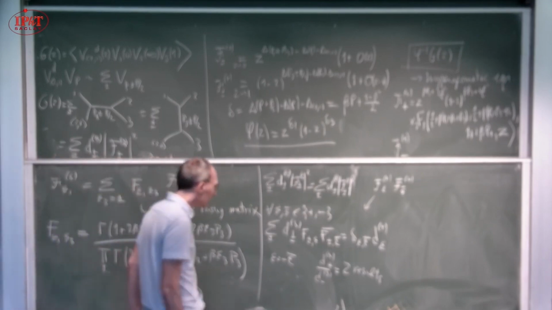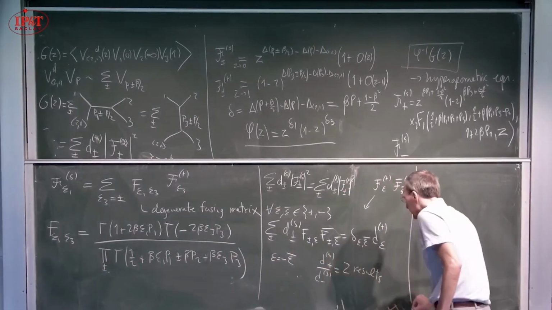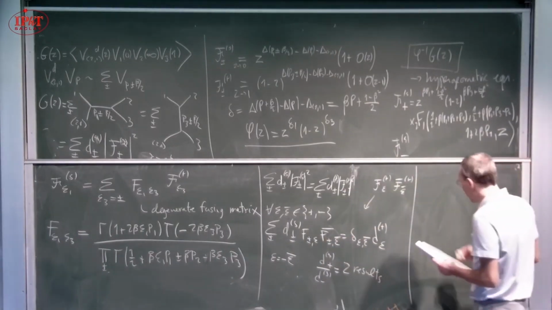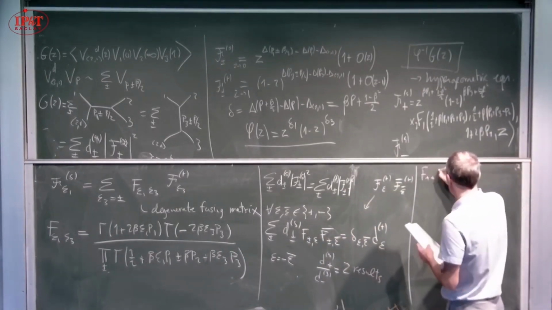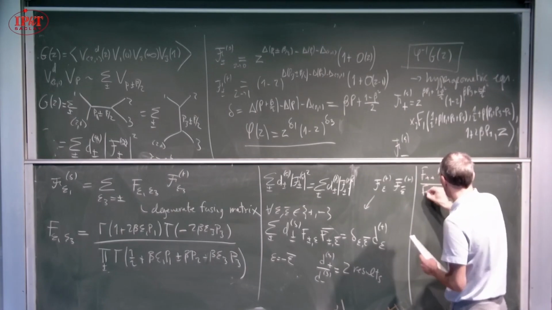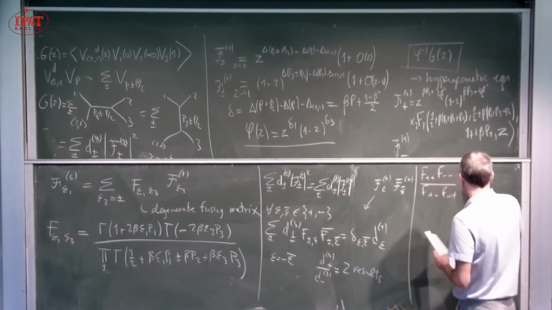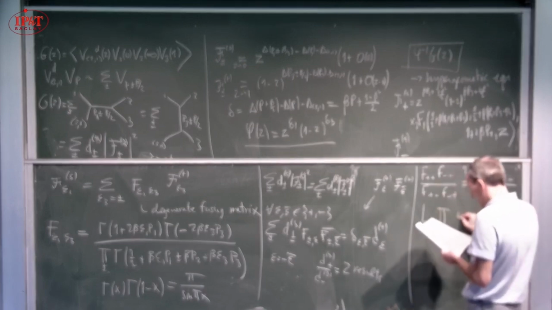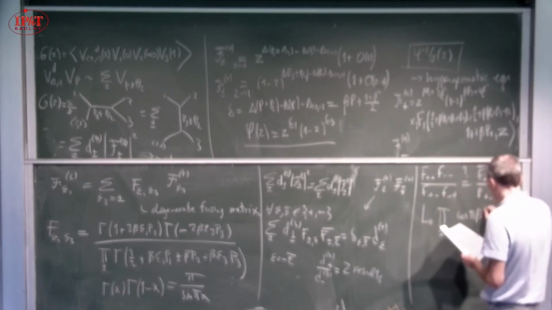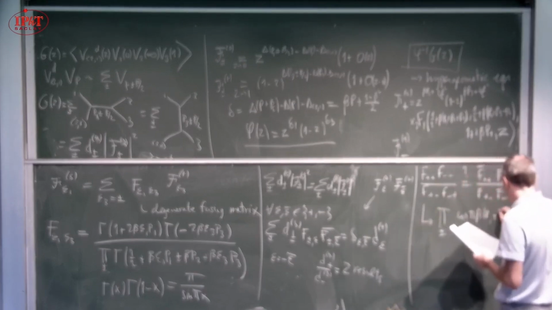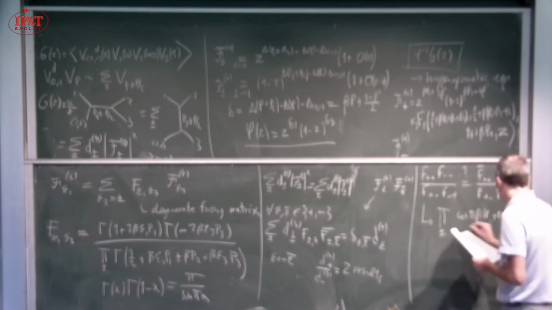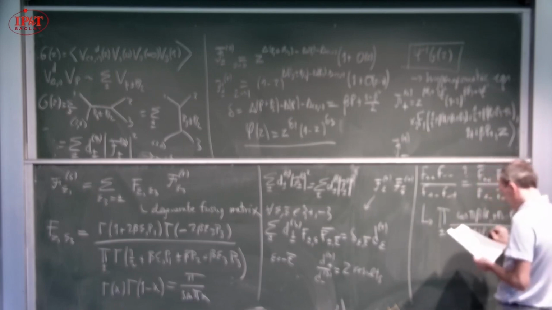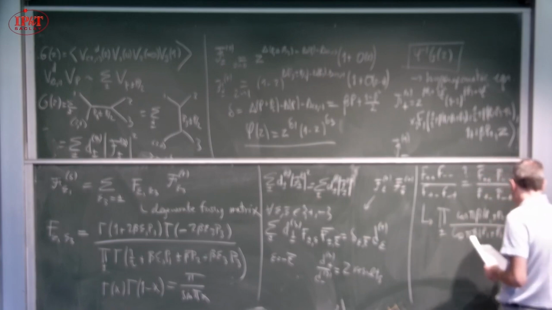And for this to happen, you need the F matrices here to obey some constraint. And the constraint is F plus plus, F minus minus, over F plus minus, F minus plus. You get just a product over plus minus of cos pi beta (P1 plus or minus P2 minus P3) over cos pi beta (P1 plus or minus P2 plus P3).